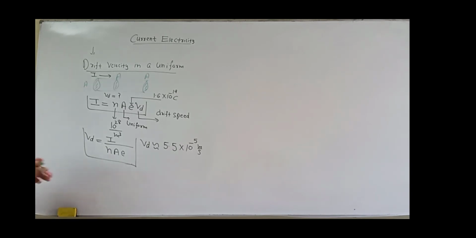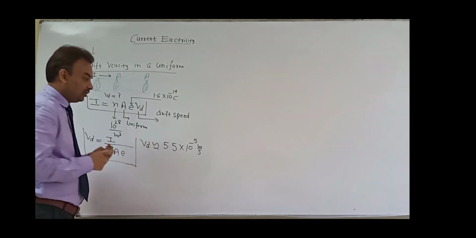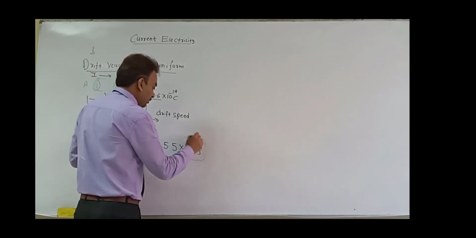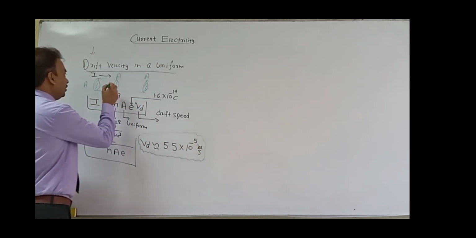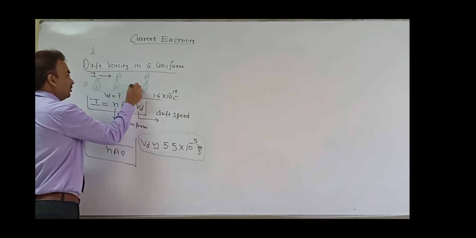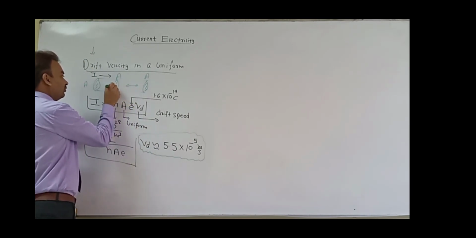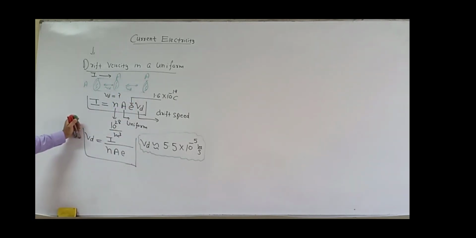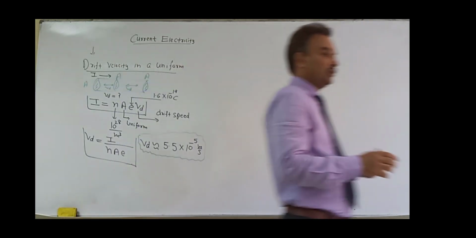But you see, drift speed is so small. It is of the order of 10 raised to the power minus 5. The electrons are drifting opposite to the current. So electrons are drifting with the drift speed Vd, and that is so slow. Now, how is it possible when we turn on the light? You see this lamp.